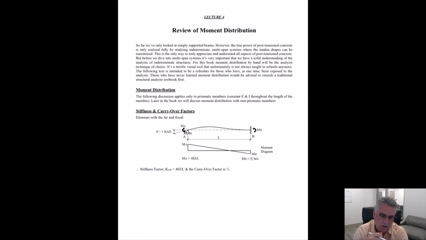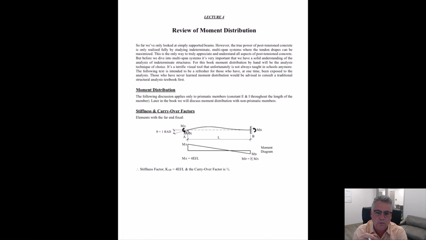Now in 2011, I just assumed that everybody knew how to use moment distribution to calculate negative moments, and then ultimately positive moments once you pull out the span. Turns out that I assumed that, gave an assignment, and quickly learned that not one UCLA student, undergraduate or graduate, knew how to calculate any moments in an indeterminate system.